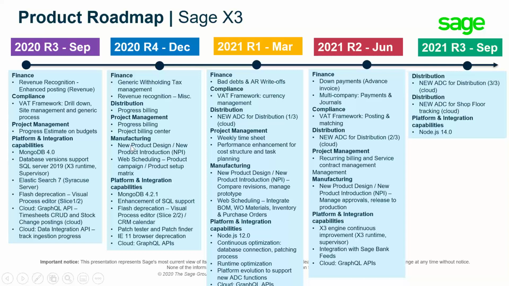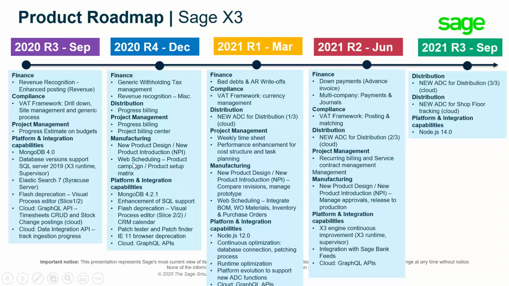For manufacturing, we will have a brand new function, which is new product design and new product introduction. This is for companies who want to design the products before the production. So we will fill this gap in X3.